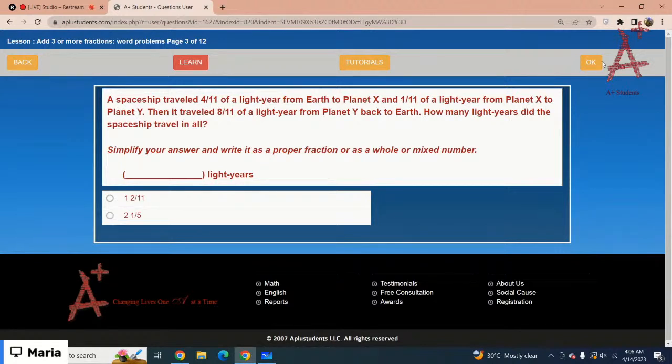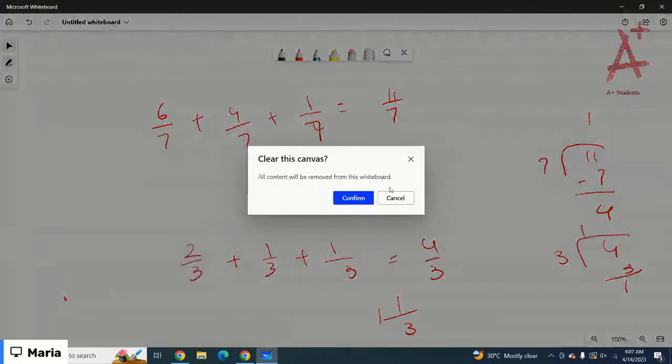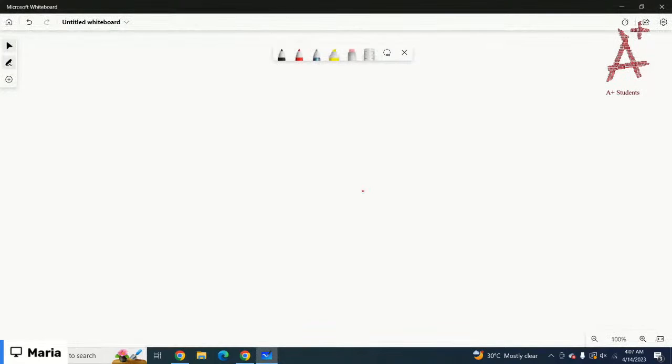It would be 4/11 plus 1/11 plus 8/11. Got it? So you have to add all the numerators because they have the same denominators. 8 plus 1 plus 4.